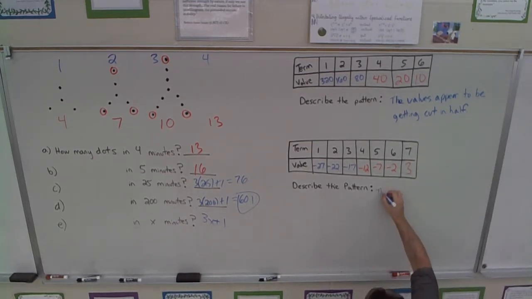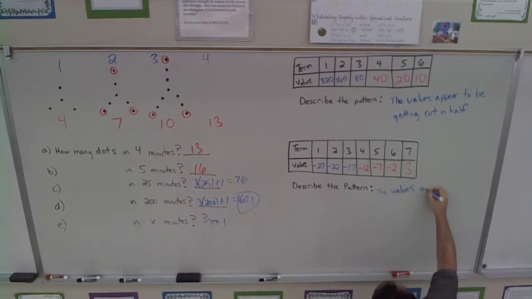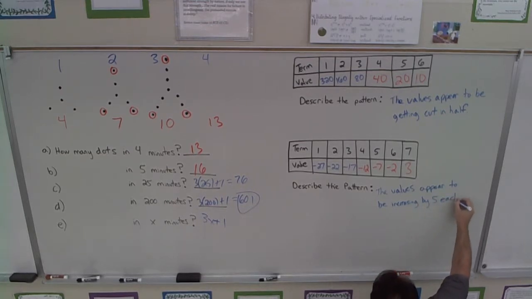So here are the values. Try to use a complete sentence, right? So here the values appear to be increasing by 5 each step. So this one, I think we could probably already come up with what the equation is.